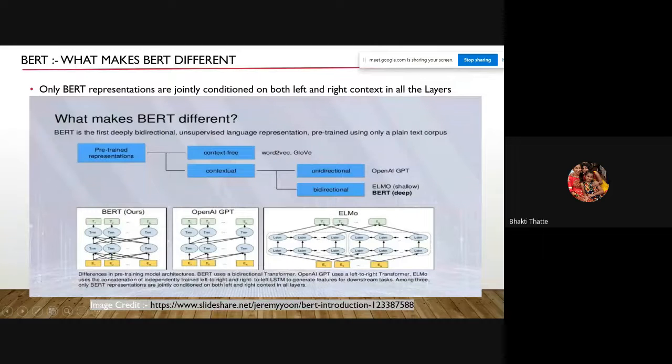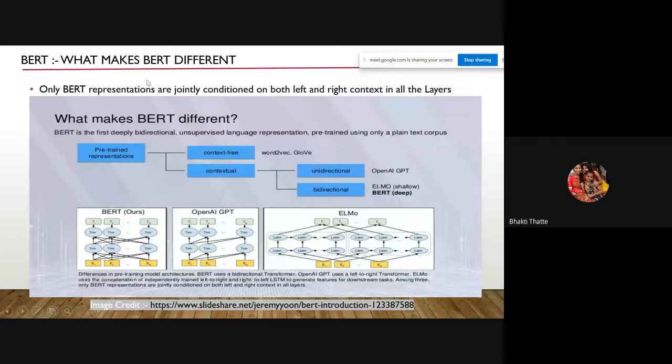Now, with all this information, let's see what makes BERT different. All these things we have already discussed. Pre-trained representation, then contextual, exactly finding out the meaning of words and sentences. Then bidirectional; BERT is giving deep bidirectionality, that means every layer communicates.